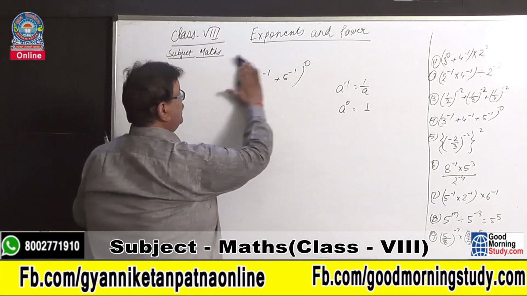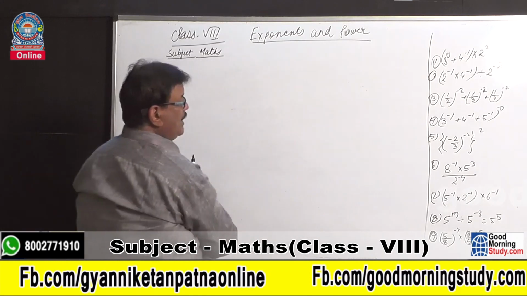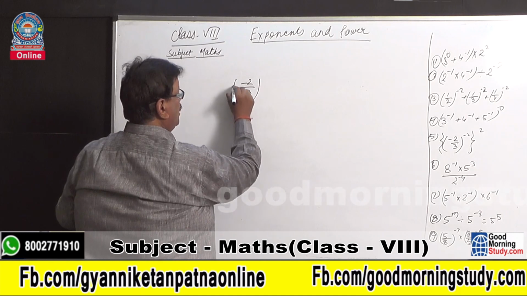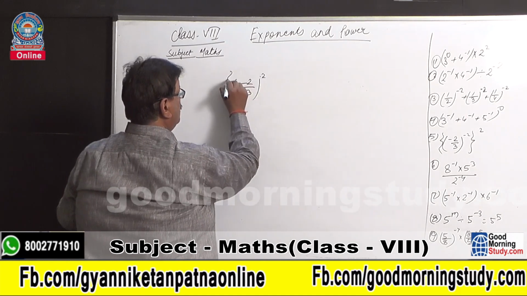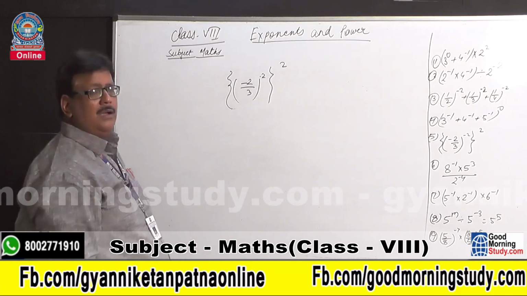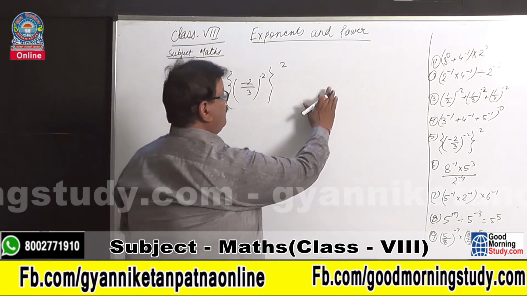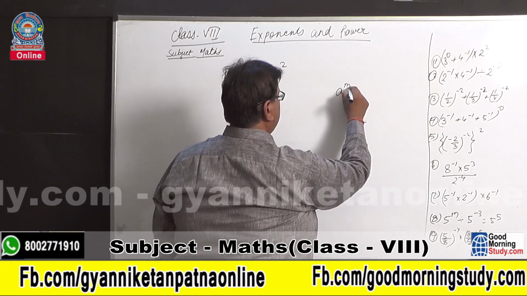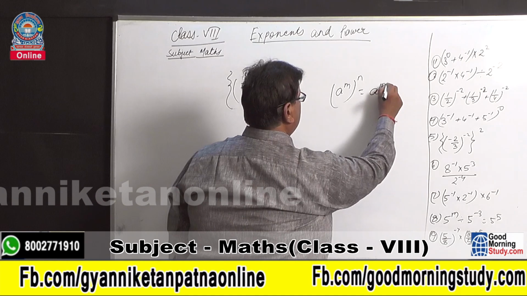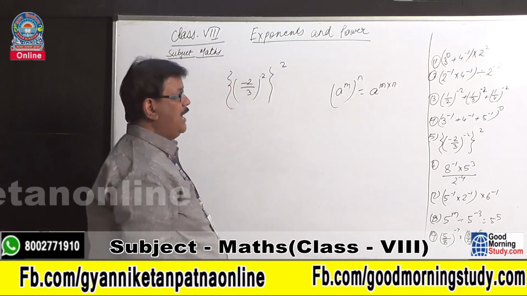Now let us see another example. That is minus 2 by 3 whole raised to the power minus 2 whole raised to the power 2. So here we will use a theorem: a raised to the power m whole raised to the power n is equal to a raised to the power m into n.